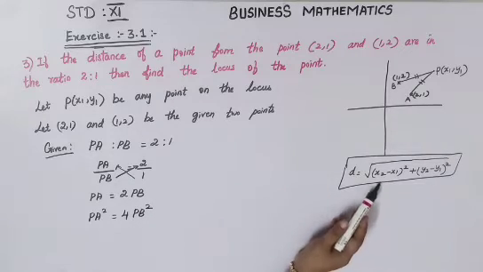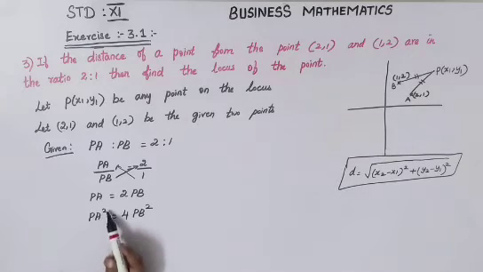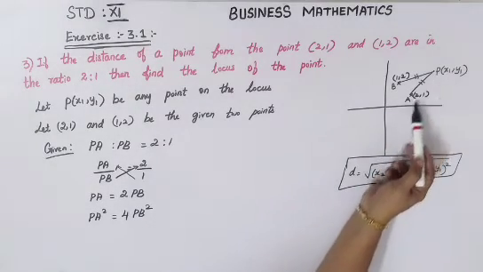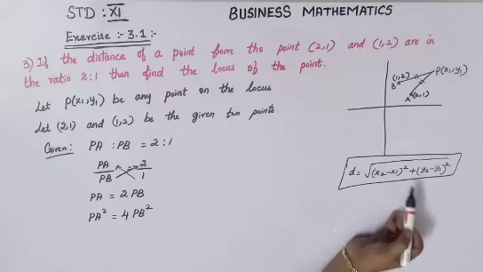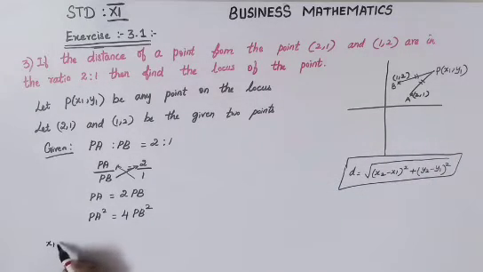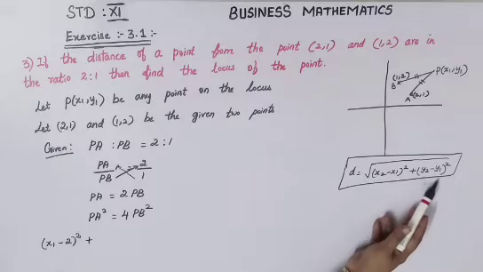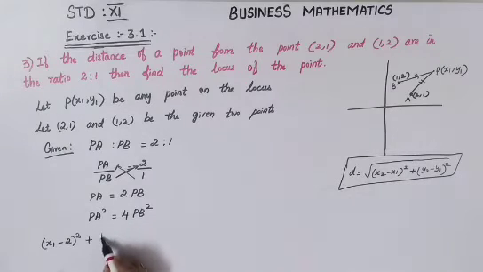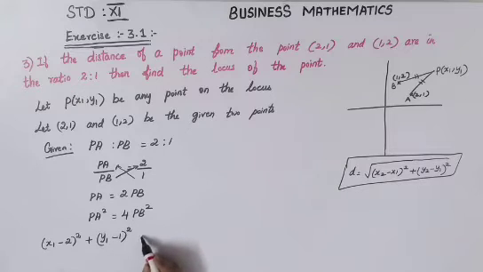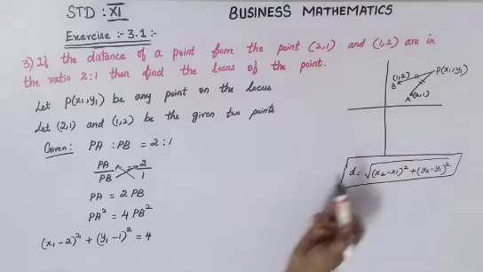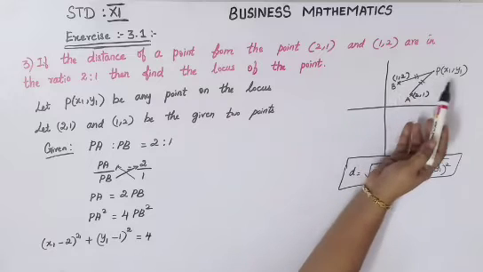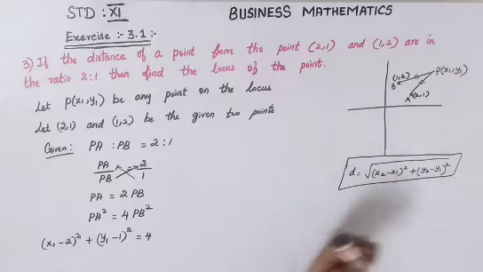Now putting all these values in the formula, you'll get PA square. So first P and A, we'll substitute in this formula. So you'll get x1 minus 2 the whole square plus, from the formula, again y2 minus y1, so y1 minus 1 the whole square, which is equal to 4 into, now you'll use these values, x1 minus 1 the whole square, again y1 minus 2 the whole square.